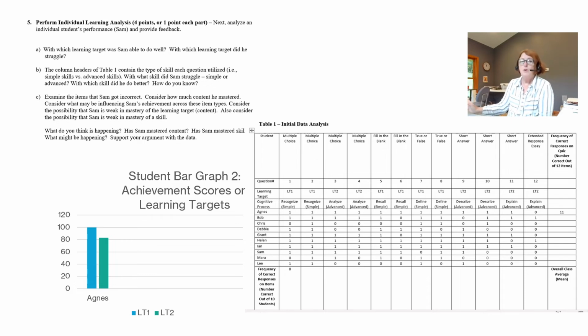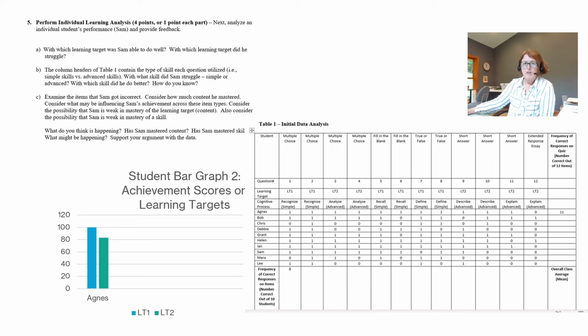Maybe the student knew the content, but because they struggle with reading or they struggle with math, they didn't get this question right. So ask yourself here if some other kinds of things could be going on with Sam. Does he really not know the content, or is something else going on? Right now we don't look at those individual questions, and you can see if some other things might be going on.